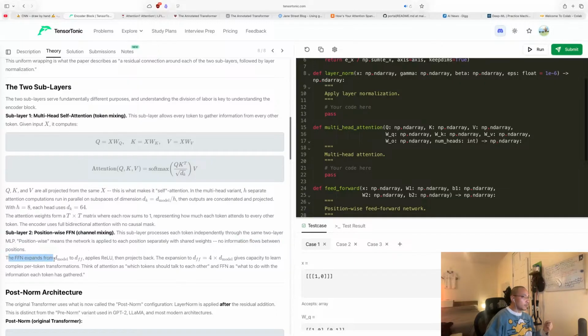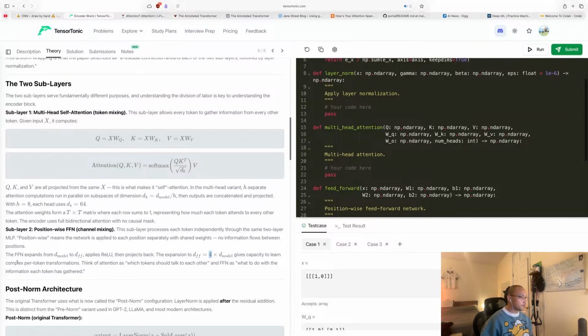The feedforward network expands from D model to DFF, applies ReLU, and projects it back. Right? So it expands the space to a high dimensional space, does some operations there, and then maps the output back into the D model space. Usually the expansion is a multiple of 4.